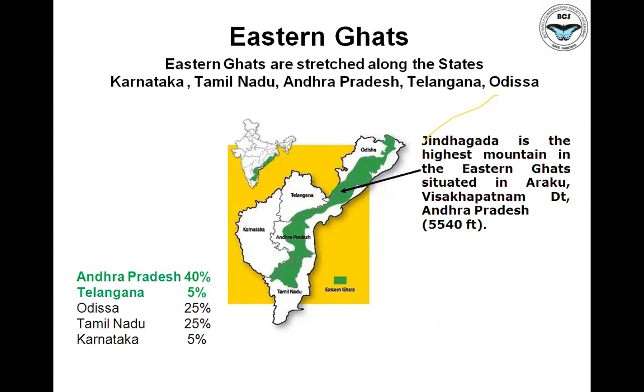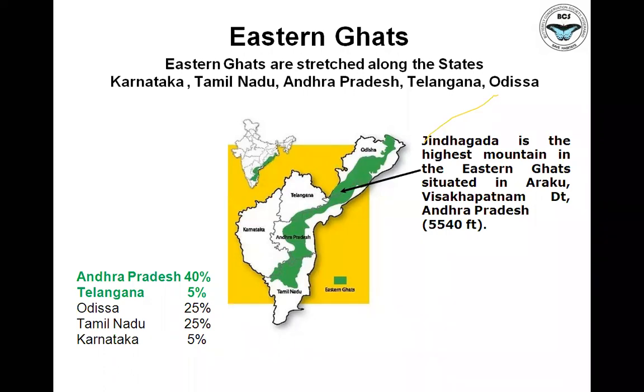The Eastern Ghats stretch along the states Karnataka, Tamil Nadu, Andhra Pradesh, Telangana, and Odisha. The highest point on the Eastern Ghats is Jindagada, situated near Araku, Visakhapatnam district, Andhra.